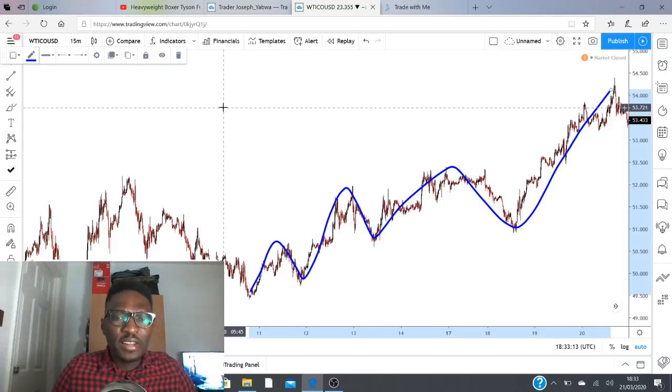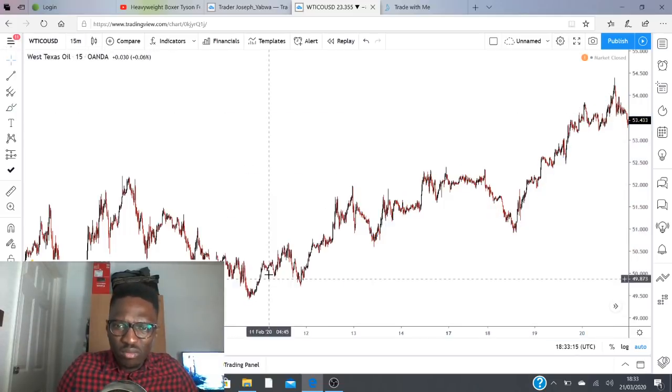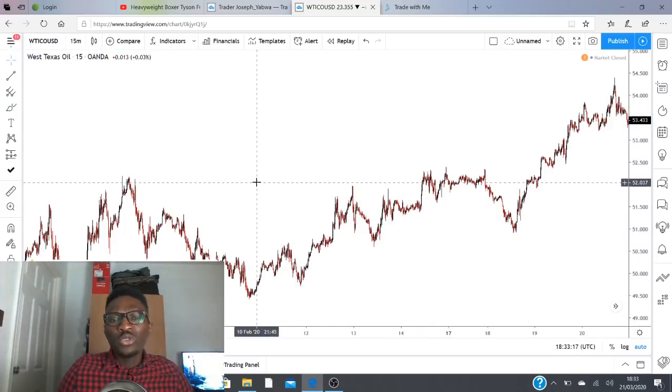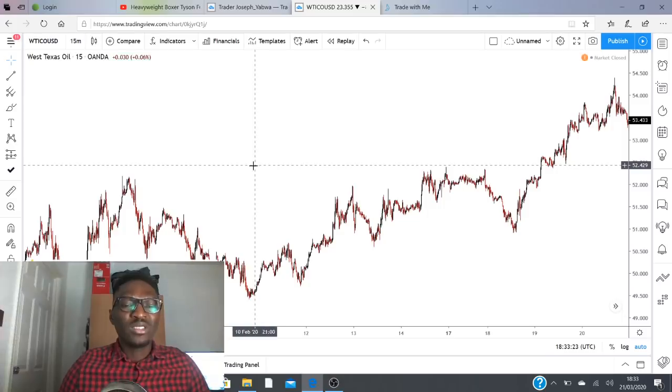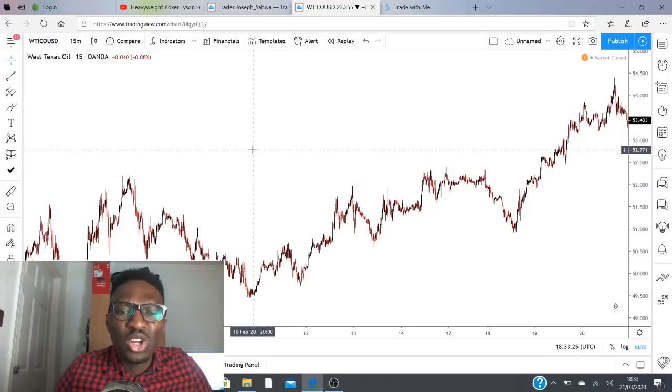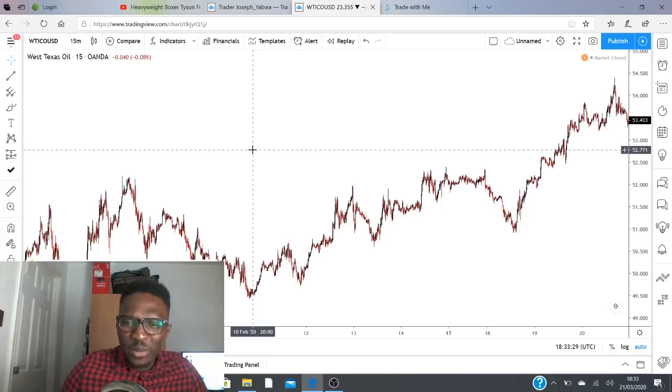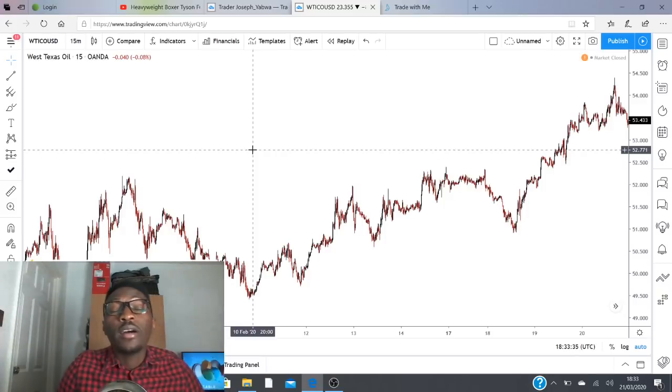So I'm going to take away this line that I just drew, and I'm going to do something that you probably have never seen anyone do. I'm going to start this analysis by making random drawings on the chart. But here's the trick: those drawings are not going to be random, because later on, when I explain it, you'll be like, I see.